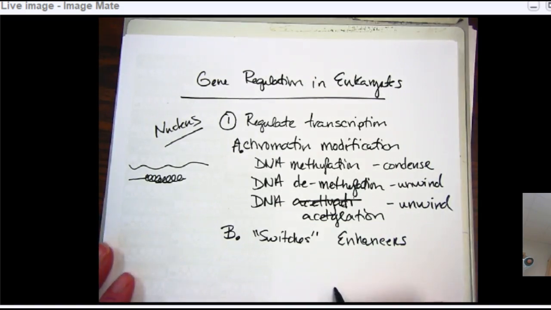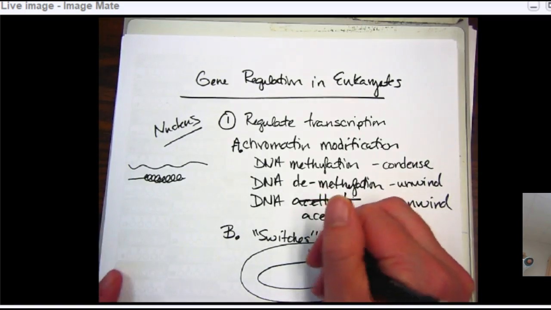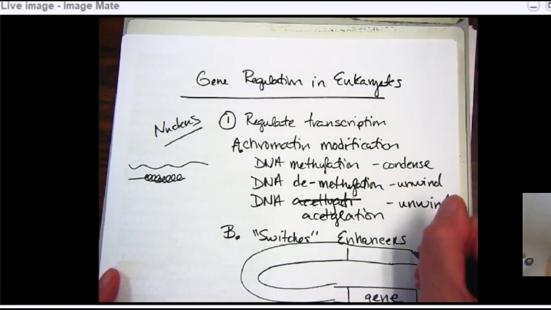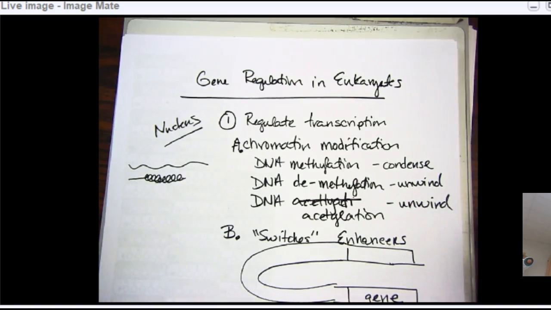And for those, we'll have a section of the DNA where we have the gene. But upstream, like far away, we'll have the switch. And sometimes we call it the enhancer region, or we can call it the regulatory region, because enhancers, switches, they all regulate the expression of those genes.